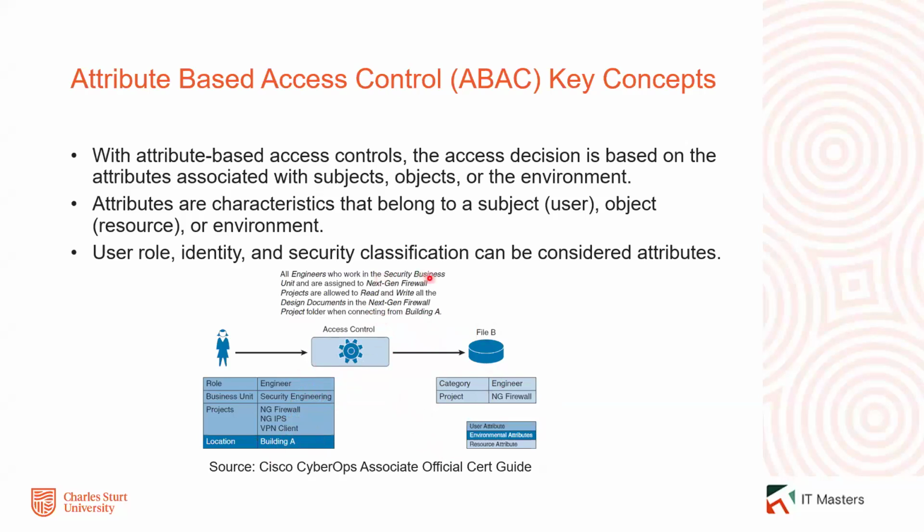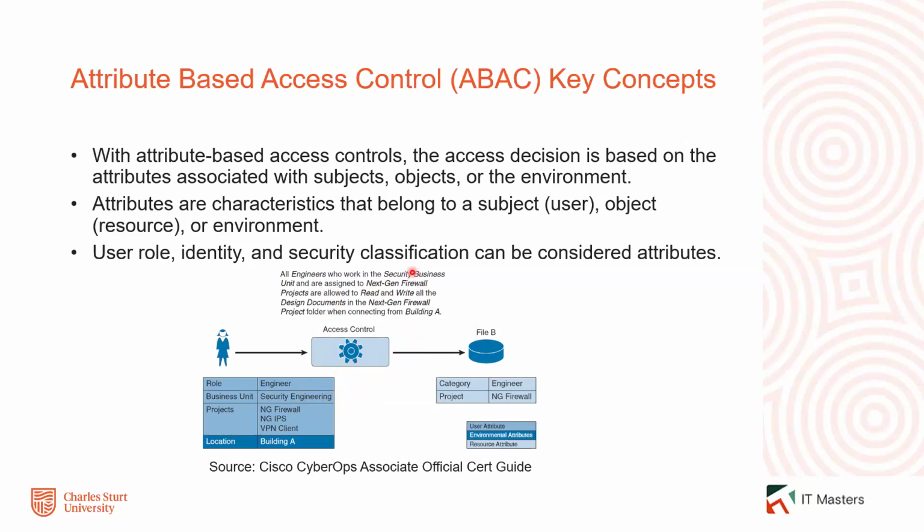So it says security business unit. Although I guess, yeah, engineers, it shows them as getting access. If you're really strict about this particular example, it says security business unit, not security engineering. So they could be different business units. But the assumption here is that security business unit includes security engineering. Okay, so that, because I knew there would be questions about this particular diagram.